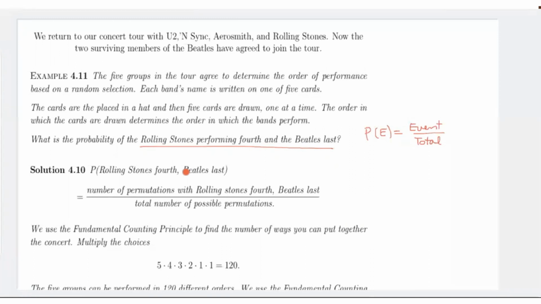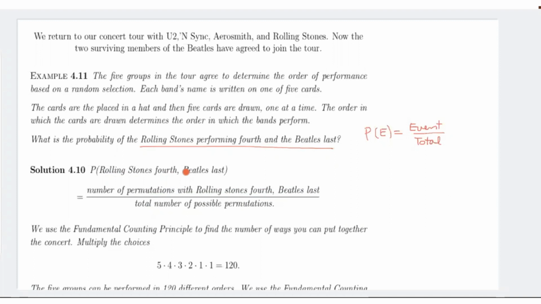As you see underneath, the probability of Rolling Stone 4th, Beatles last: the number of ways to do that is our event, over the total number of ways. Let me show you how to do this, one at a time.